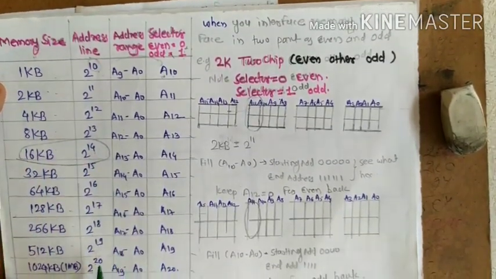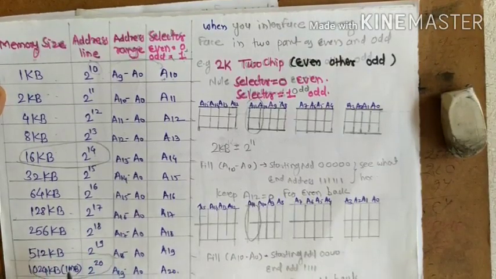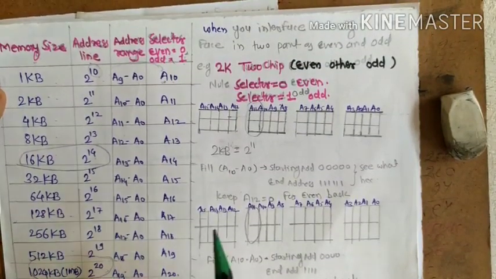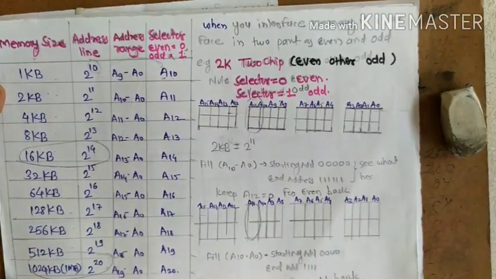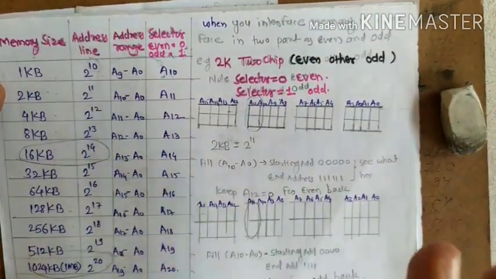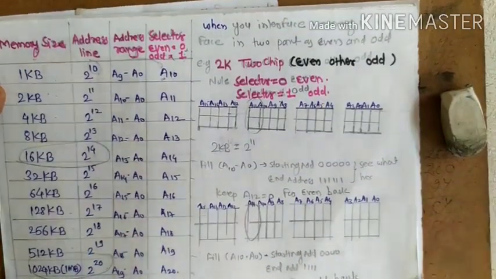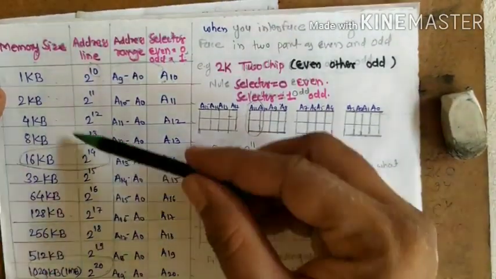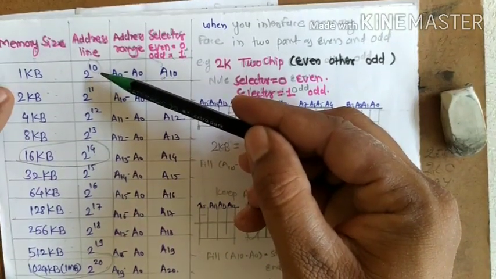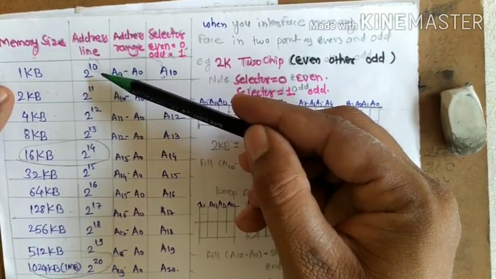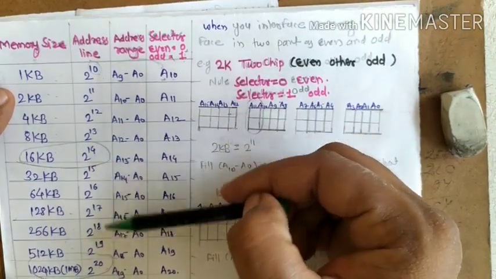Or 1024 KB is equal to 2 raised to 20. You can randomly remember this table, or understand it sequentially, no issue, but try to remember this table. We make the memory size twice, and the index of the power of 2 increases: 10, 11, 12, 13, 14, 15 and so on.